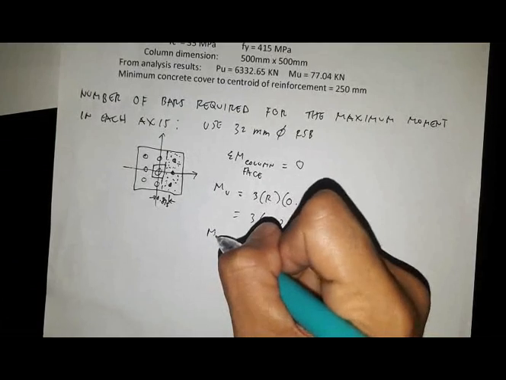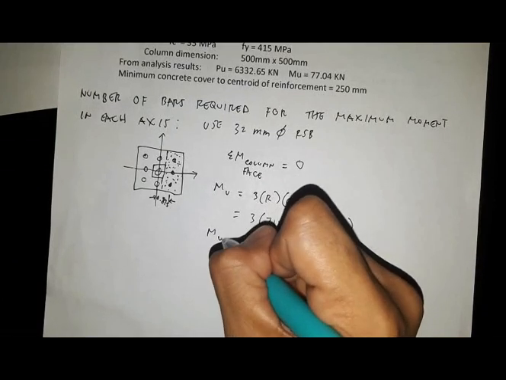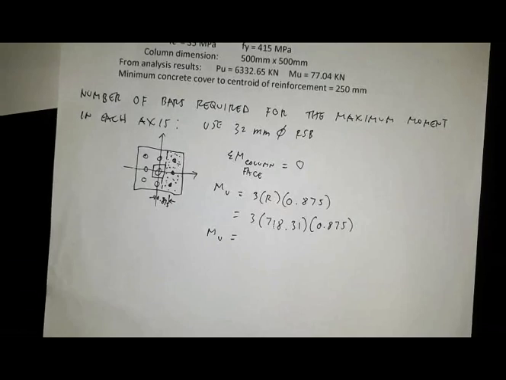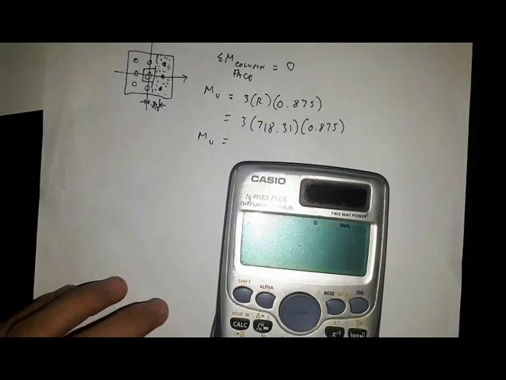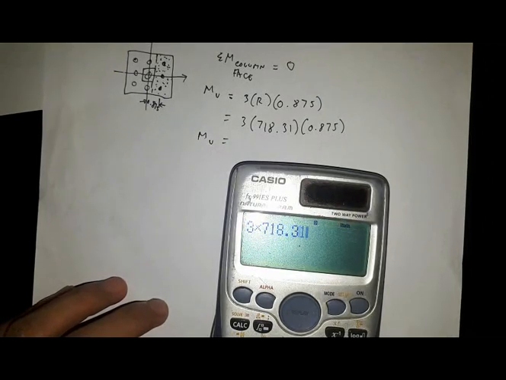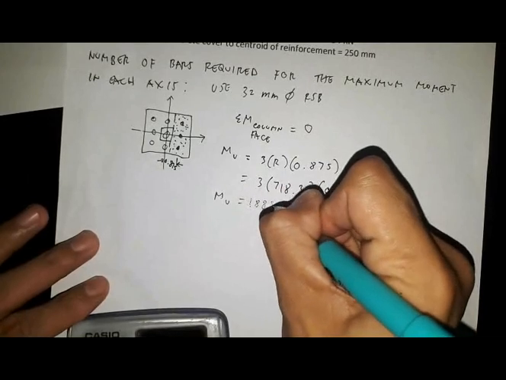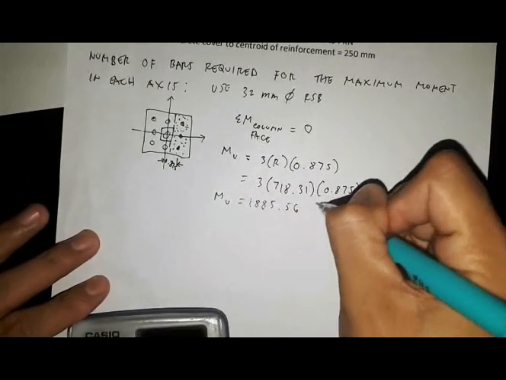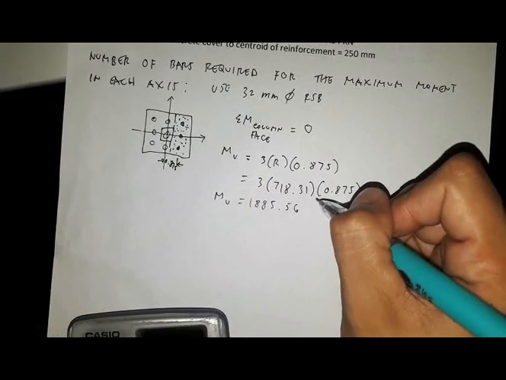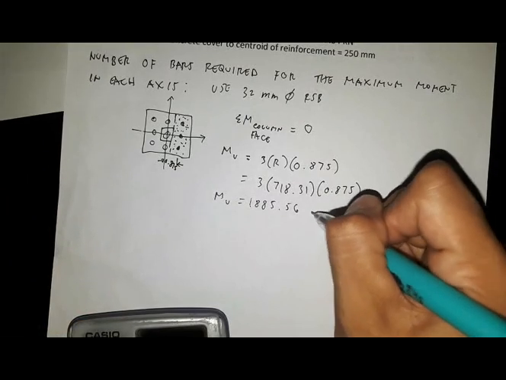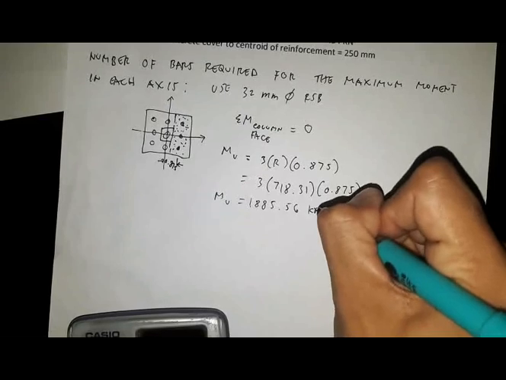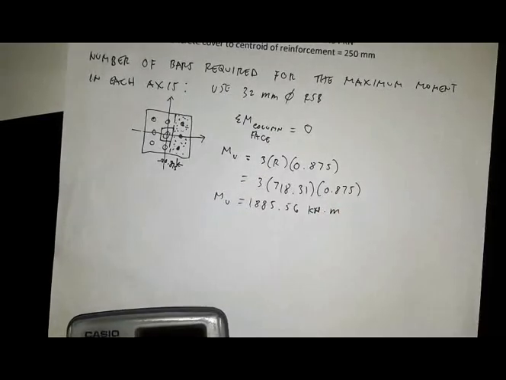We have Mu equals 3 times 718.31 times 0.875. So we have Mu of 1885.56 kilonewton meters.